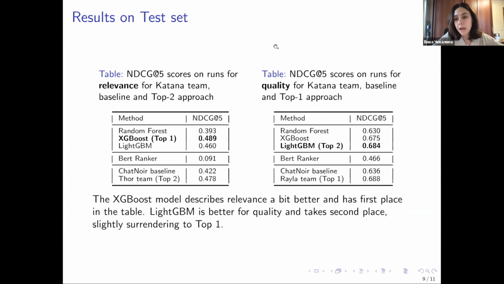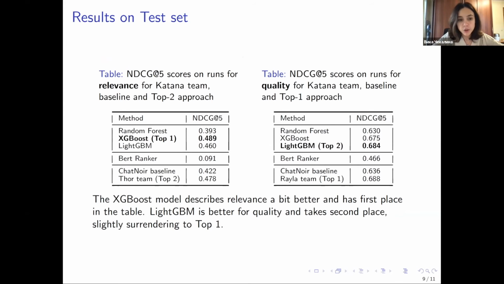So our answers were validated on a test set in 2 directions. The first direction is relevance. Relevance describes how fully and reasonably the document answers the question in the topic.